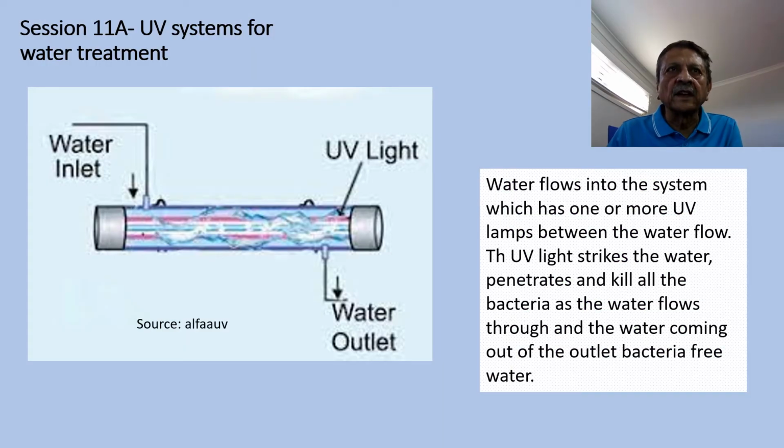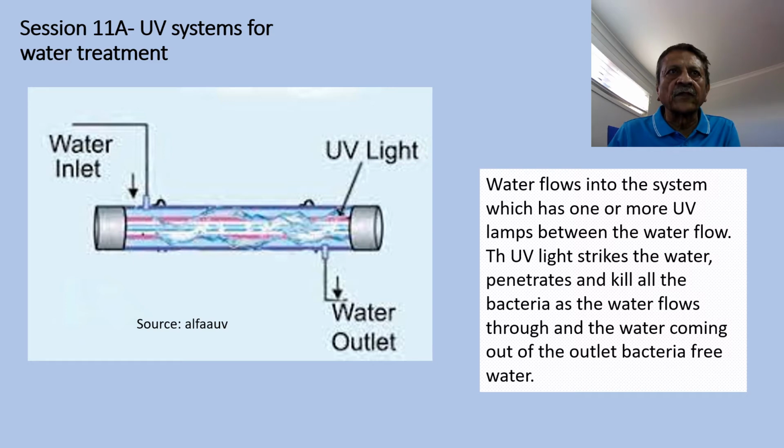The diagram on the left shows a typical water treatment system using UV light. There are two UV lamps, or it could be multiple. Water goes into the inlet and passes through the lamps and comes out as the outlet.